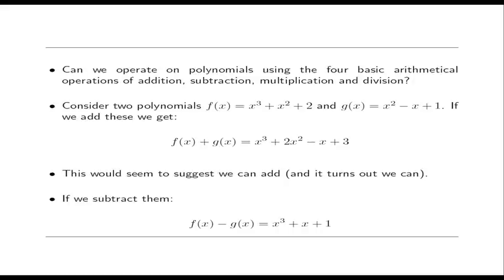So, we have a polynomial f(x), which is the summation of a_i x^i, i equal to 0 to n. So, this is basically a0 plus a1 x plus a2 x squared plus up to an x to the power n.